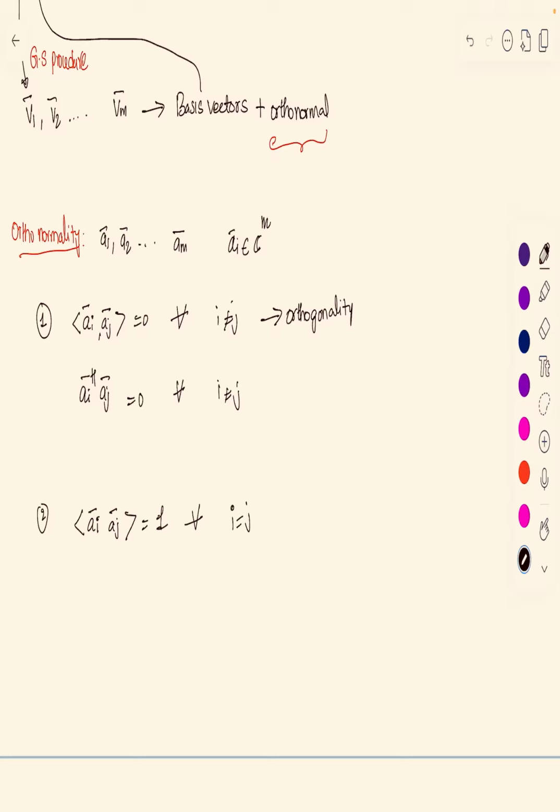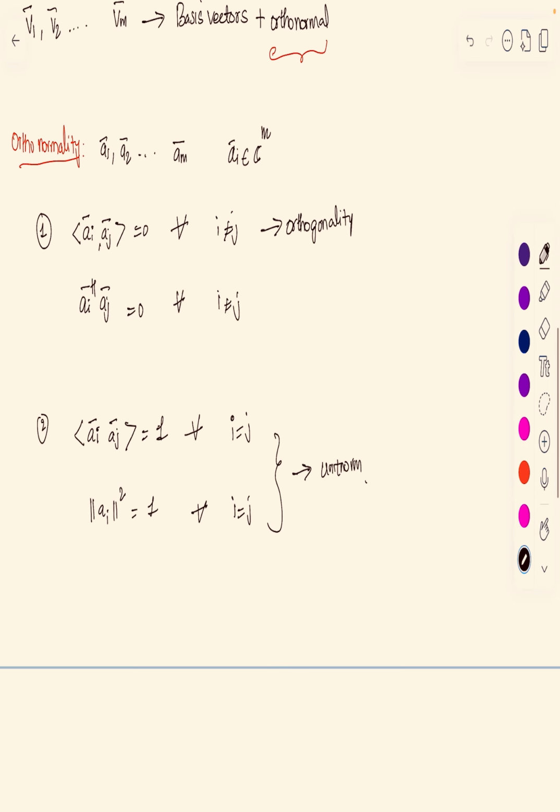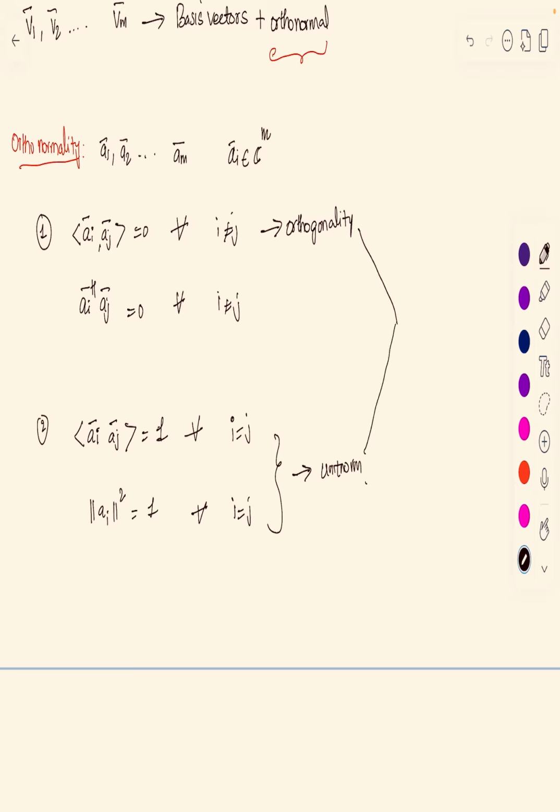In other words, this is actually norm of ai squared equal to 1 for all i equal to j. So this condition ensures unit norm. If both of these two conditions are satisfied, then we call a certain set of vectors orthonormal vectors.